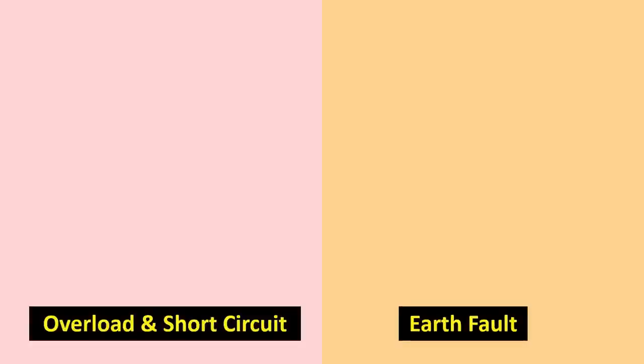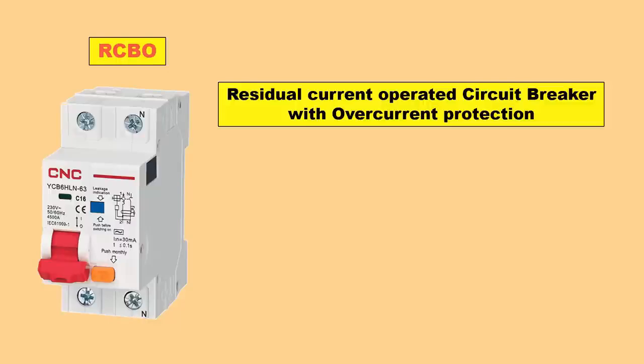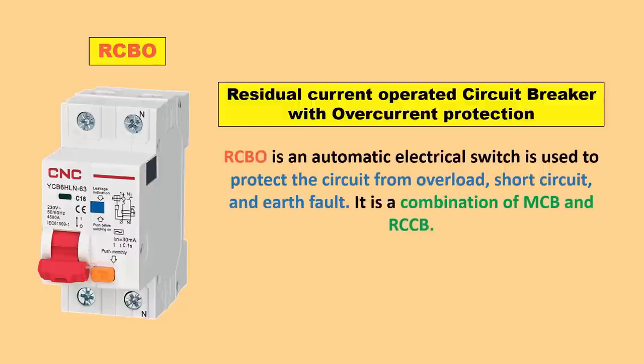Now if we want protection from earth fault, overload and short circuit, then we have to use MCB and RCCB, both these devices. But if you don't want to use two different devices, and instead by using only one device you want to get all the three protections, then in this condition you have to buy a RCBO.